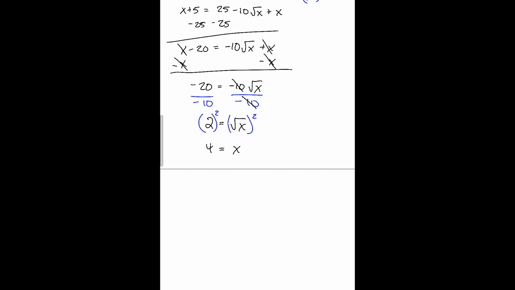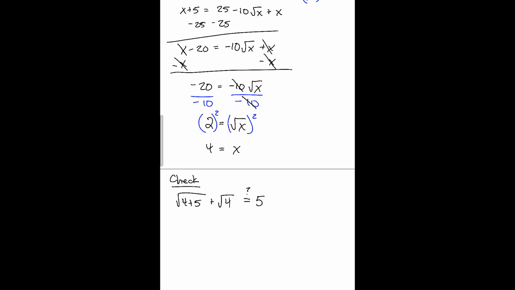Okay. So if we plug in 4 in place of x, when we go ahead and check, the square root of 4 plus 5 plus the square root of 4, we hope it gives us 5.